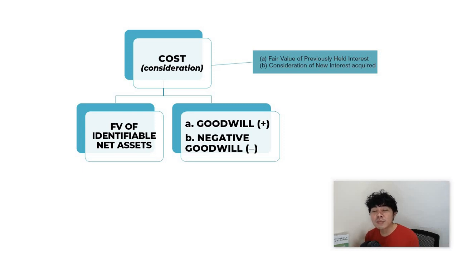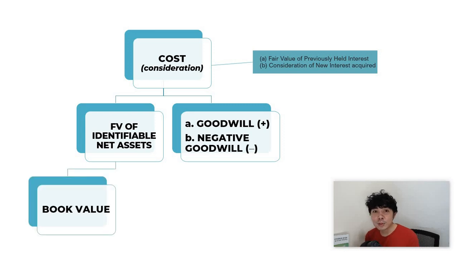So, ang problema lang natin dito sa identifiable net assets ni associate is that hindi naman nakarecord itong mga identifiable net assets sa libro ni associate at fair value. Nakarecord yan sa libro ni associate at book value. So, may possibility na yung fair value of the identifiable net assets will not equal the book value. So, possible na may mga ganong instances. Pero may mga instances din na ang book value is also equal to the fair value.